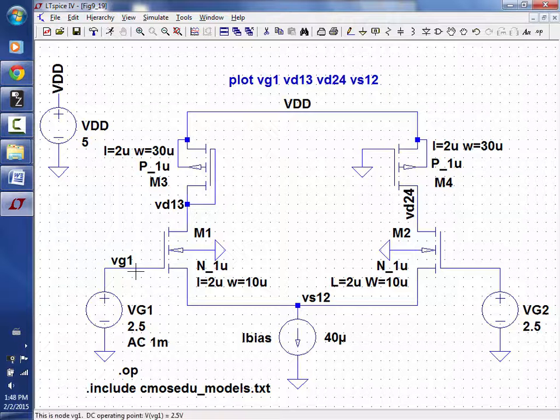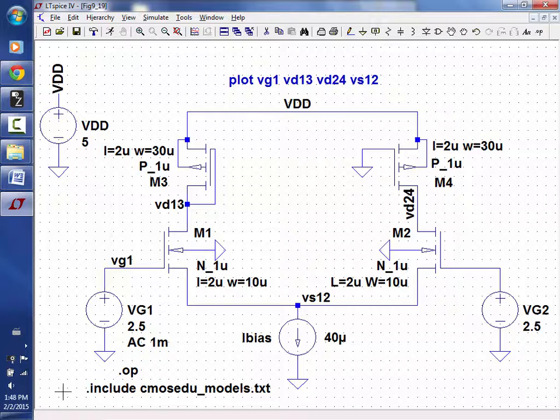Both gates are at DC 2.5. The sources are physically wired together. So this one has a slightly smaller VDS than this one. Think in digital terms, this is just an on device. Its gate is at ground. It's trying to pull this node all the way up. So its VDS is bigger. Any questions?